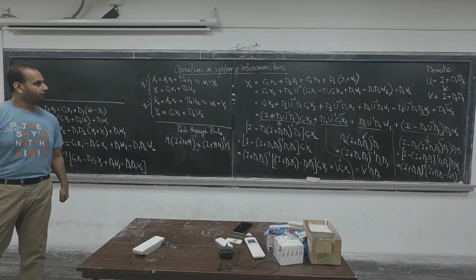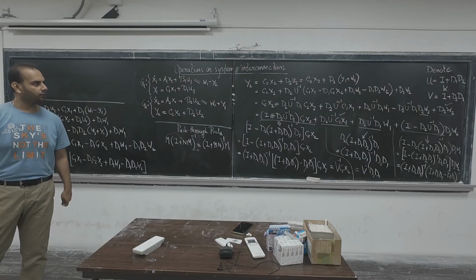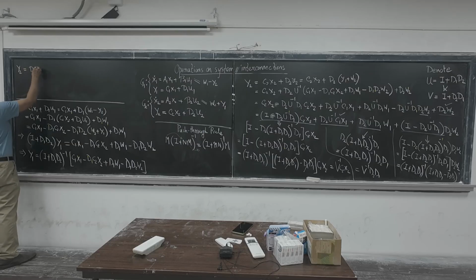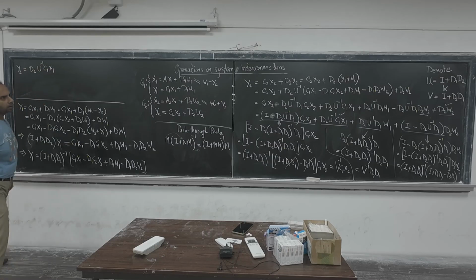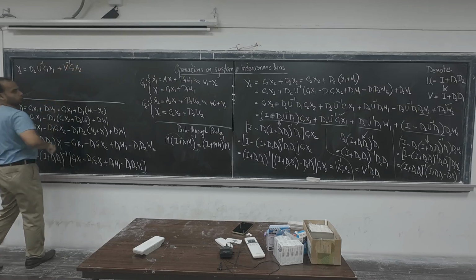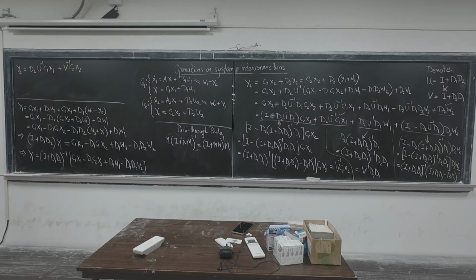Then Y2, please sum up the terms starting from D2 U inverse C1 X1, D2 U inverse C1 X1, right? Plus V inverse C2 X2. Is it fine? Or if it doesn't match, please tell me.